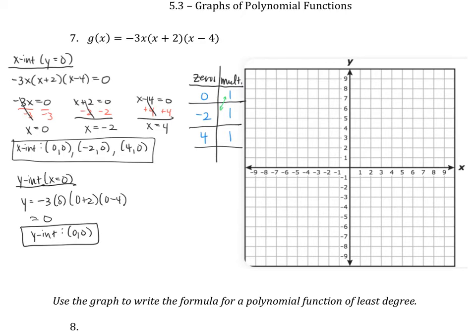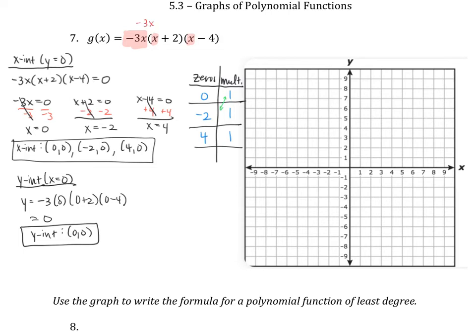I now need to look at the end behavior. And so I need to multiply the highest or leading term of each factor. So I have this -3x. You always multiply by the thing out front. Then I have an x, no exponent, which is a 1, and x, no exponent, which is a 1. So I'm multiplying those together.